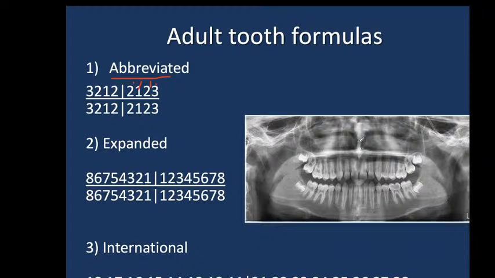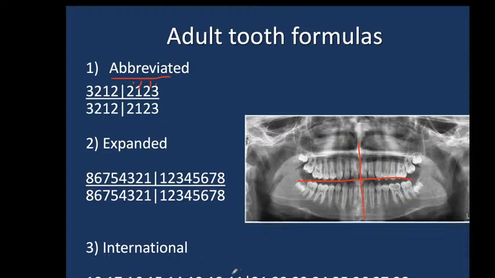We divide all of the teeth by two lines, and we have four segments: two segments for the upper jaw, or maxilla, and two segments for the mandible, and the central line divides them into sectors.